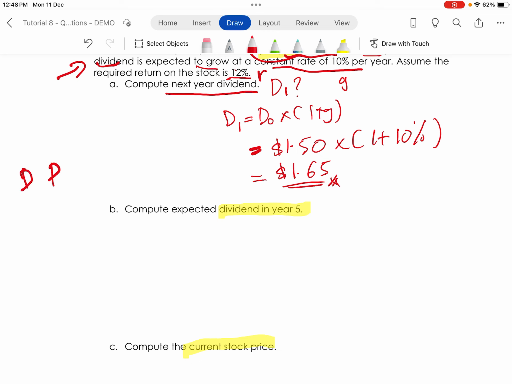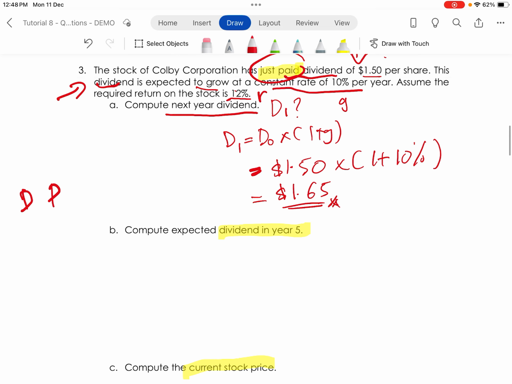Now, the next question: compute the expected dividend in year 5. With this question, you have to determine the expected future dividend. Here the dividend in year 5 we note as D5. To determine the expected future dividend, you can derive it by this formula.